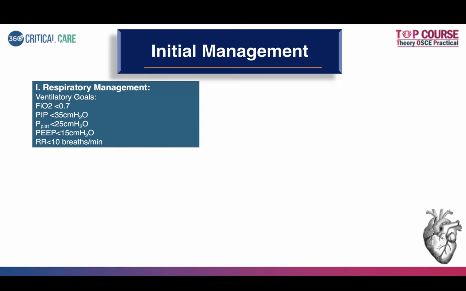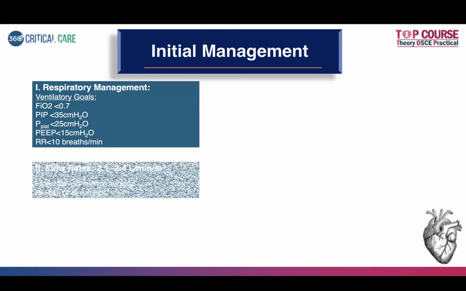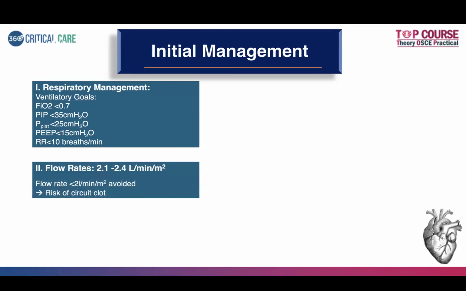This is so as to give the lung sufficient time for recovery. And the ECMO flow rates are kept between 2.1 to 2.4 liters per minute per meter square. This is based on the cardiac index. The important thing to note is don't go less than 2 liters, because the lesser the flow, the more the risk of stagnation, and that is going to increase the risk of thrombosis of the circuit.